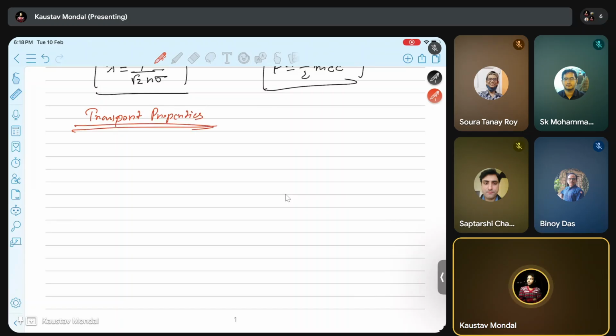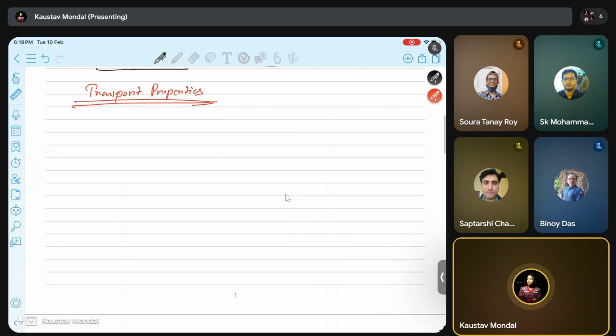There are basically three types of equilibrium. One is called thermal equilibrium, which means there are no temperature gradients in the system.